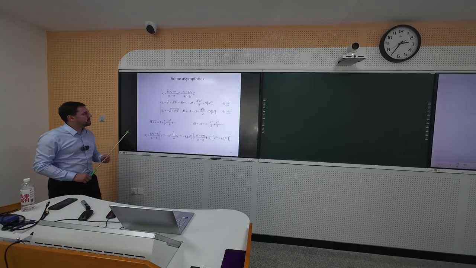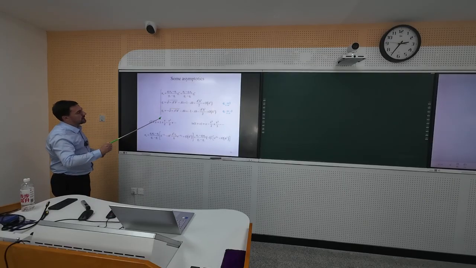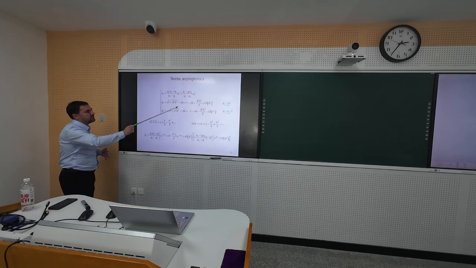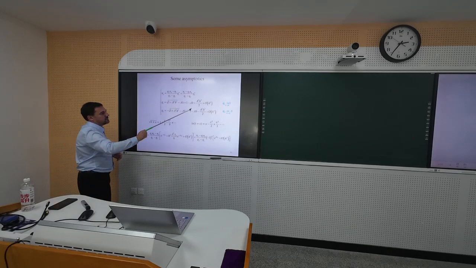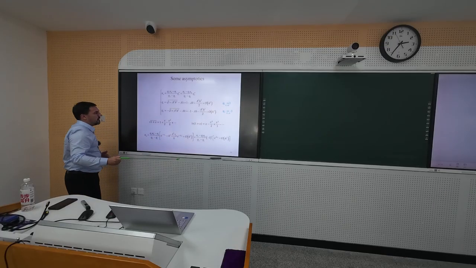So we can analyze some asymptotics. We can solve this quadratic equation, find q1, q2, and analyze what happens if h goes to 0. If h goes to 0, then q1 goes to unity, to 1, and q2 goes to minus 1.